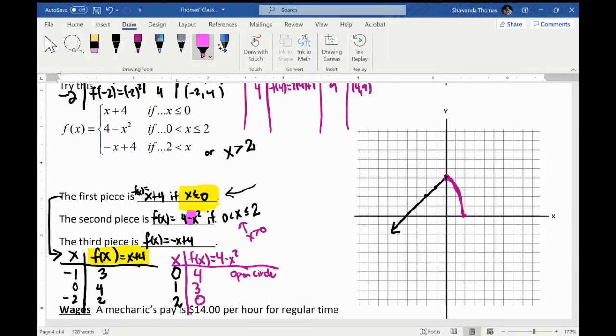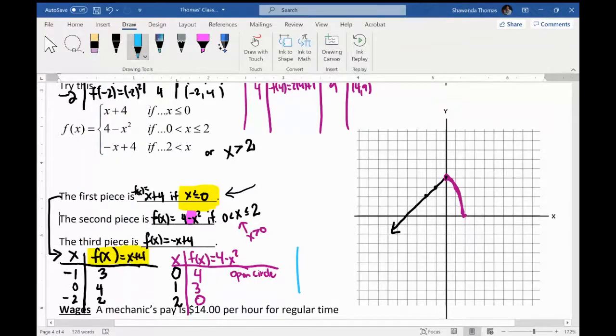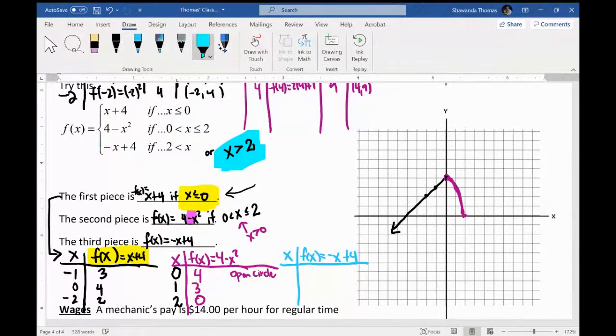All right, we're gonna move on to the last piece of this graph, which is linear because it's still x to the first power. But this time it's x is greater than 2. Okay, x is greater than 2. But what number?